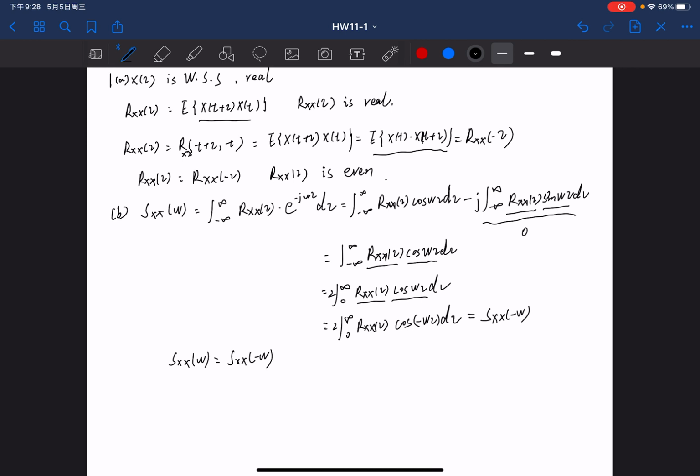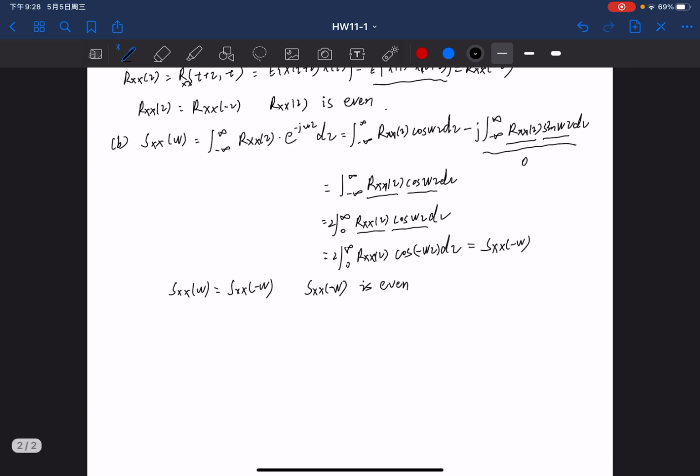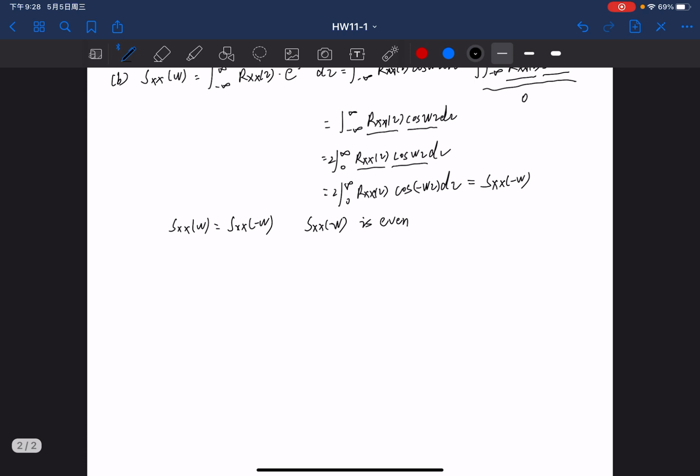And so we can find that S_xx(omega) is even. And we want to show that the S_xx(omega) is non-negative, and we let x(t) pass the filter H(omega).